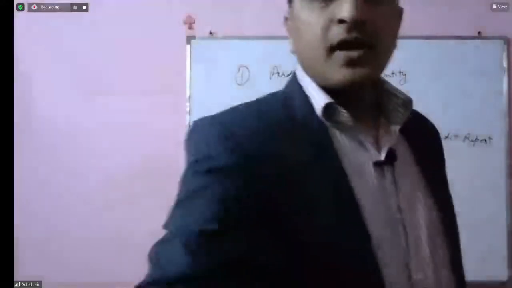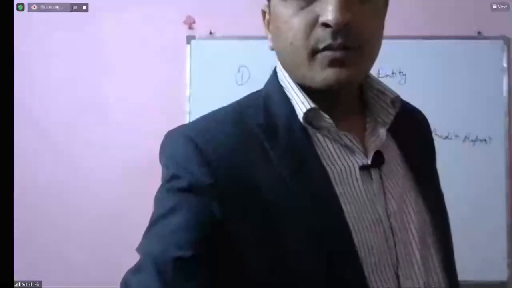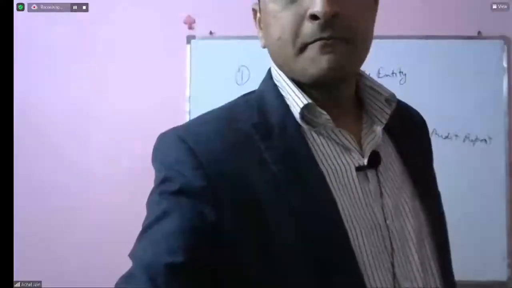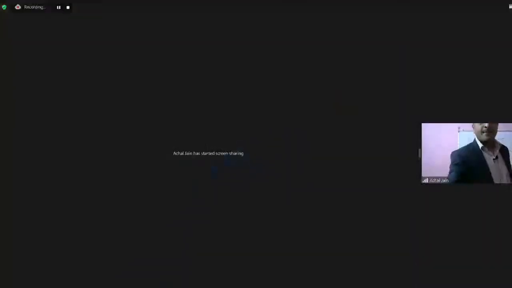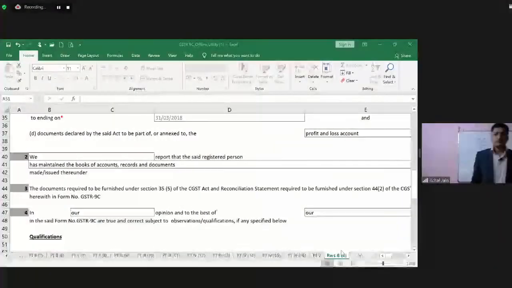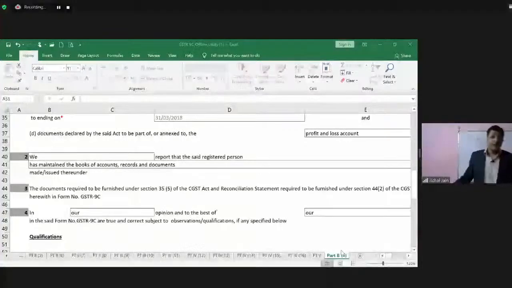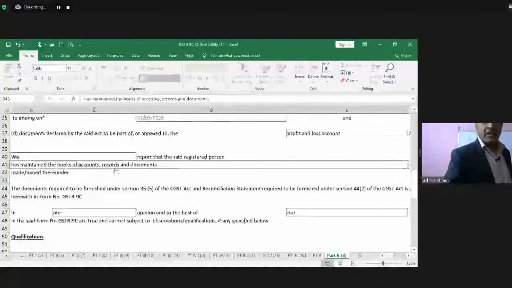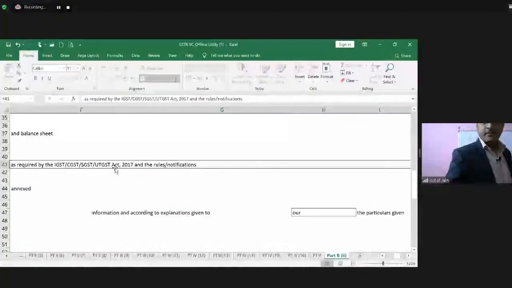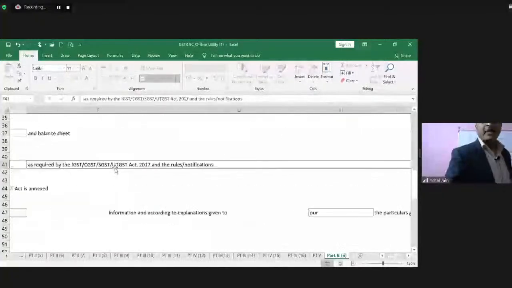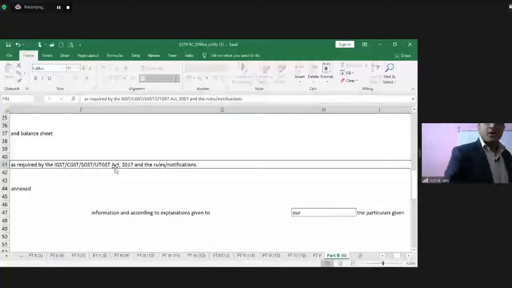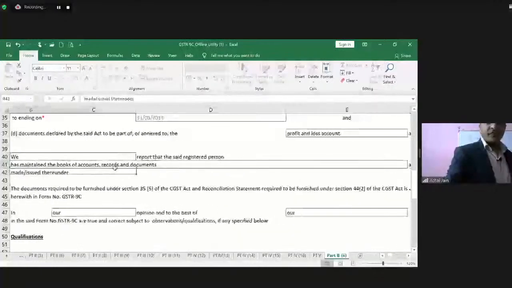Moving on to the next part of the GST audit report. Point number 2. We report that the said registered person has maintained the books of accounts, records, and the documents as required by GST laws, notifications, etc. made or issued thereunder.